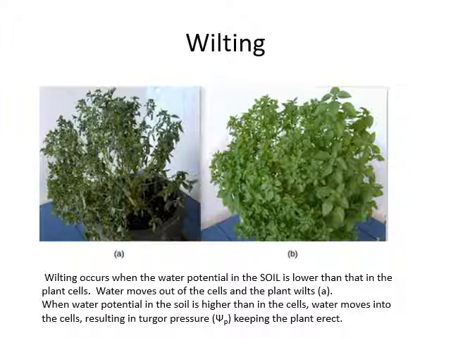So even if a plant closes its stomata, if the water potential of the soil is also low, if you're in a dry soil, then there's a pathway for the loss of water from a plant. However, a plant can easily recover from wilting. If you water a pot plant that is wilted, then the water potential of the soil increases and the water will flow back into the leaves of the plant. Remember, water flows towards the more negative water potential.